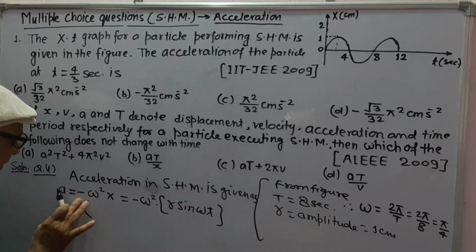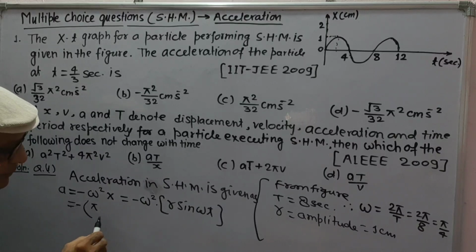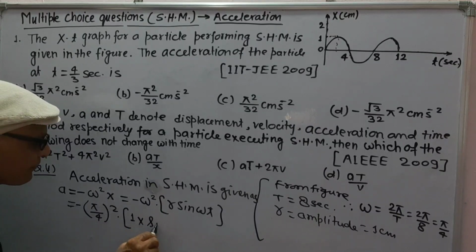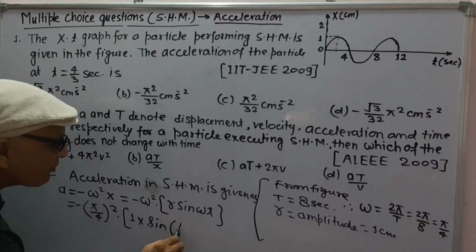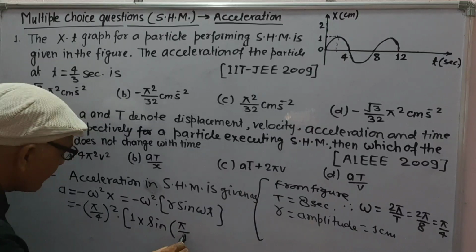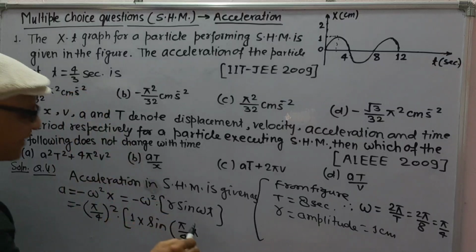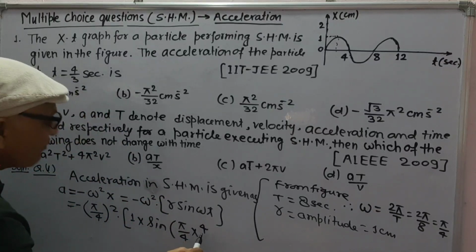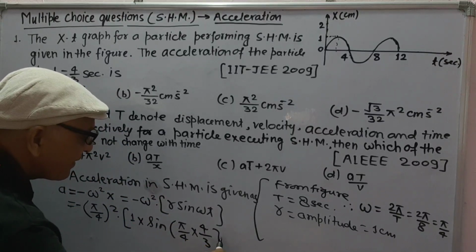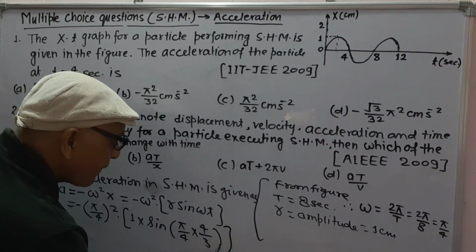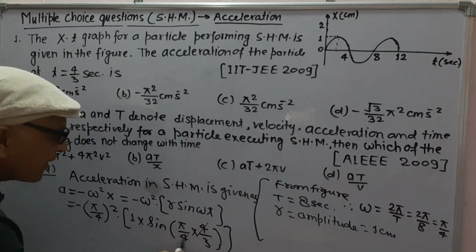Omega is pi by 4, its square, into r is 1, into sin of omega t, that is pi by 4 into t, which is 4 by 3 second. So 4 cancels out.